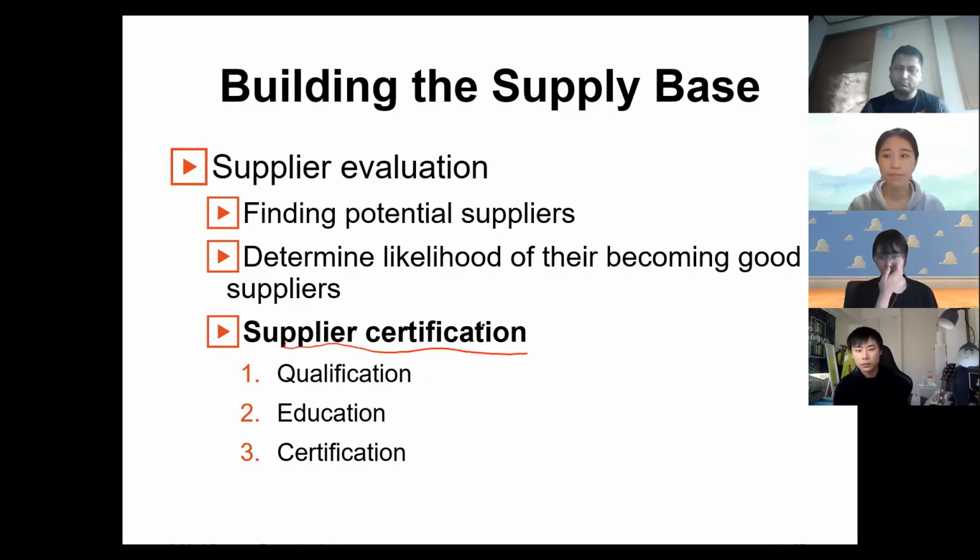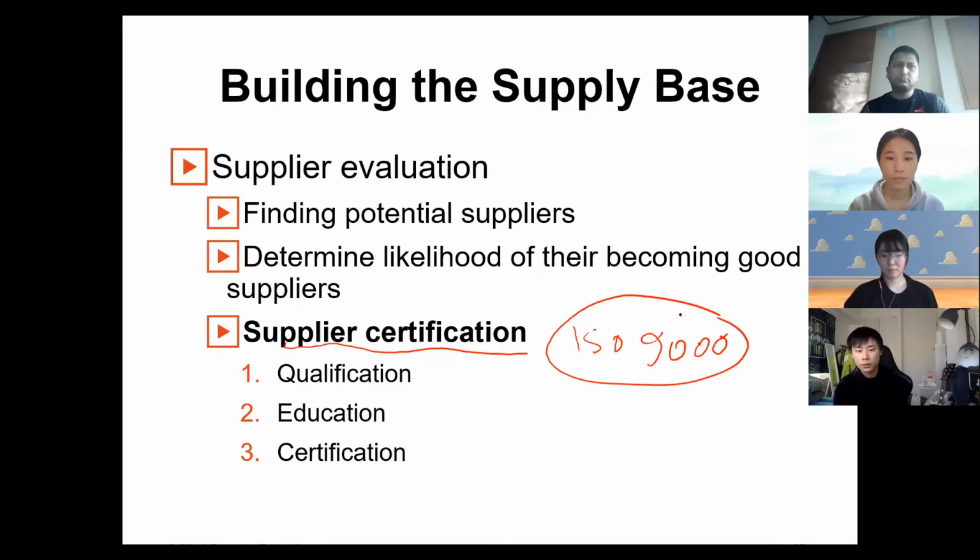You know, you have ISO 9000 today, right? ISO 9000 certification. So if the company has ISO 9000 certification, probably that is a good starting point, a good indicator for selecting the suppliers. Okay, so that is because when you have such qualification, you need to have these processes of qualification, and also to train and educate the suppliers right until certification.